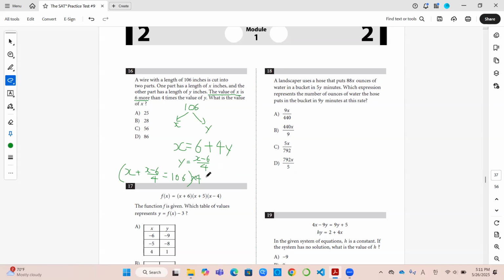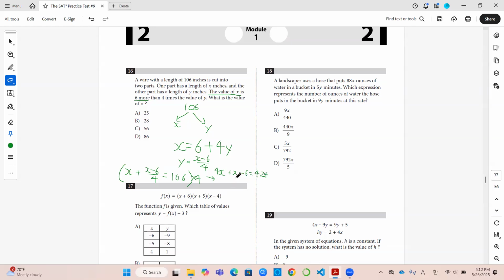Oh, I'm sorry, 4x plus x minus 6, which is equal to 424.